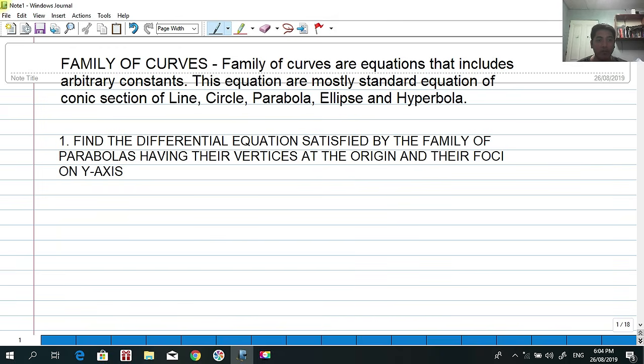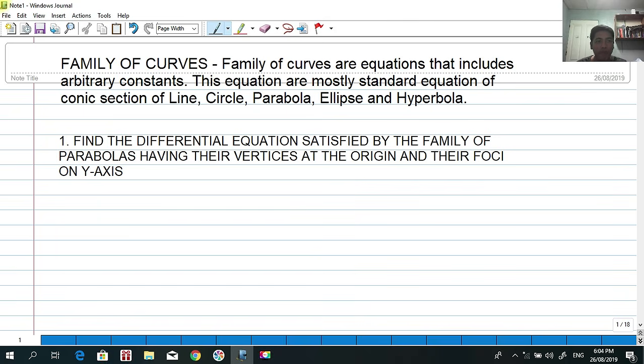So for example, for number one here, we have: find the differential equation satisfied by the family of parabolas having their vertices at the origin and their foci on the y-axis. In the solution of the family of curves, mostly you are not given the equation.